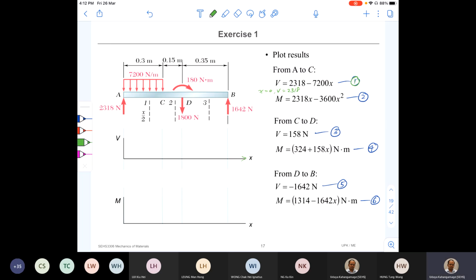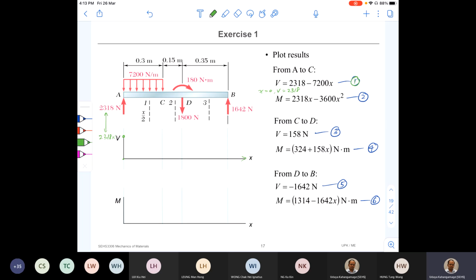Let's mark the shear force on the y axis at x equal to 0: 2,318 Newton. Can you see a relationship between these two now? The internal shear force is equal to the reaction force applied at that point.